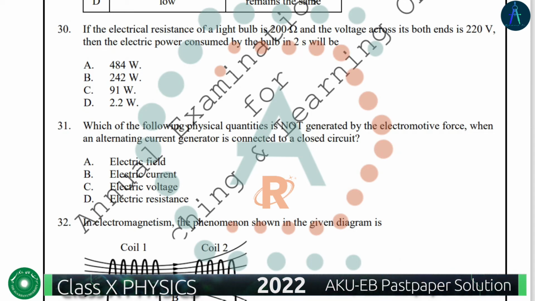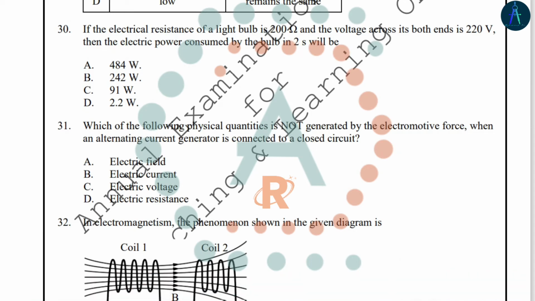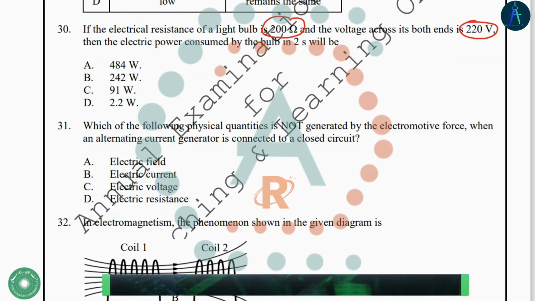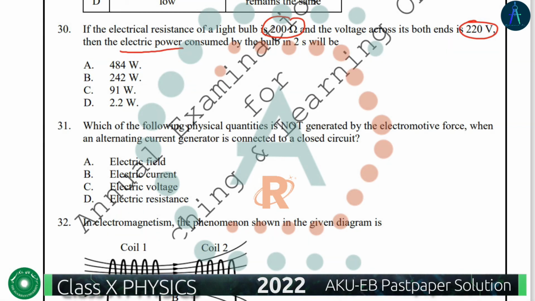Then we have question number 30. If the electrical resistance of a light bulb is 200 ohms and the voltage across the bulb is 220 volt, we have to find the electrical power consumed.